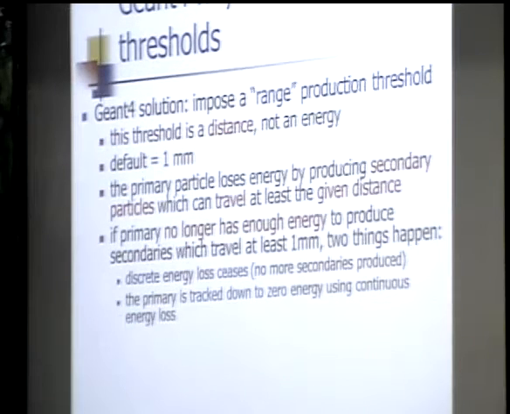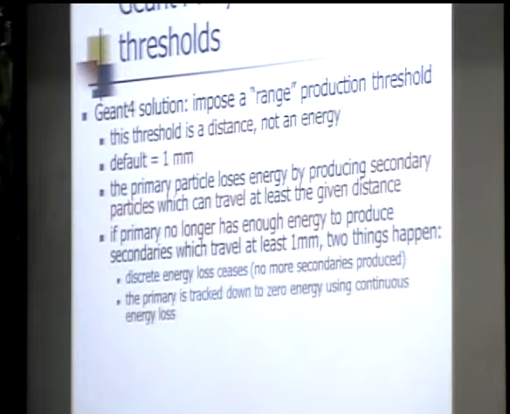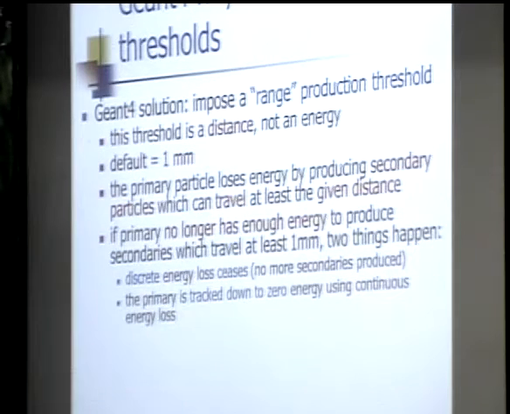How far would it go? 0.5 millimeter, let's say on average. So my threshold is 1 millimeter. So this track is not generated. It's considered to be soft. So the threshold is not an energy threshold, but a range threshold. I'm generating only the tracks that can go at least 1 millimeter far.